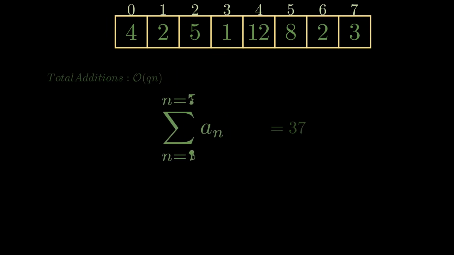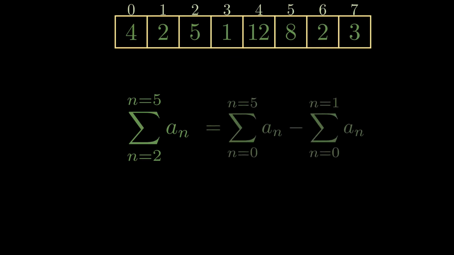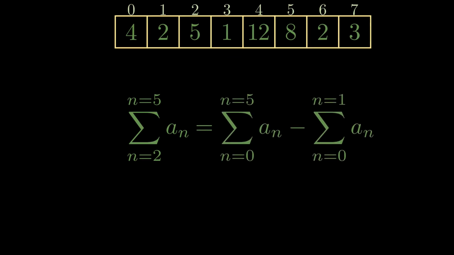Let's go back to our example. We can rewrite the sum from 2 to 5 of A of n as the sum from 0 to 5 of A of n minus the sum from 0 to 1 of A of n. Let's visually verify it.